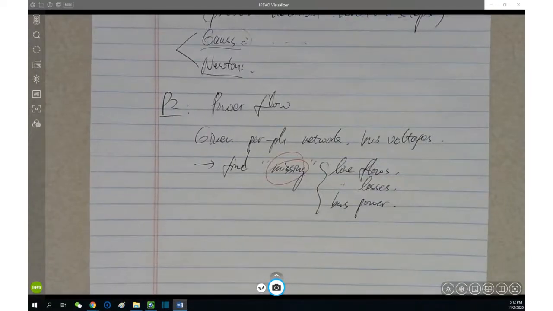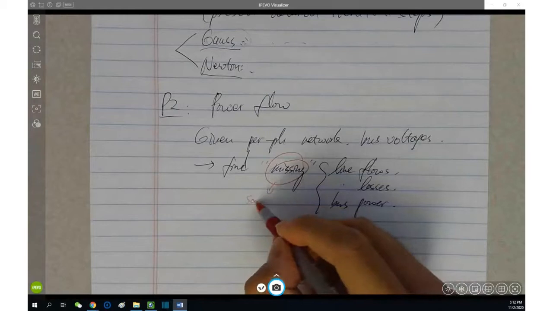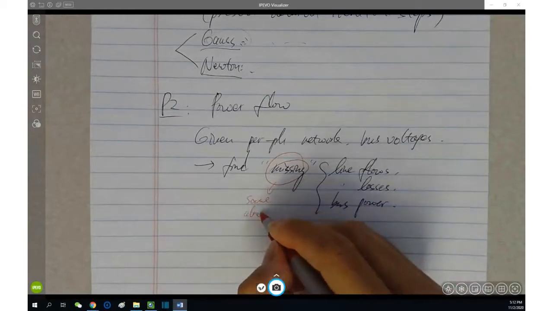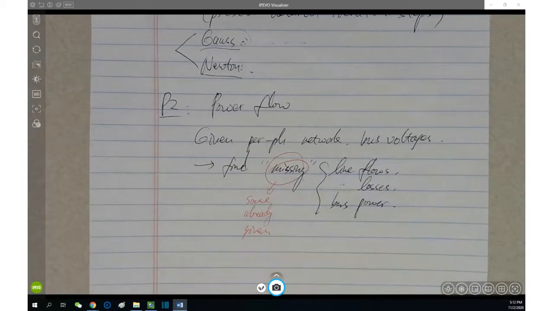Either today or maybe next lecture on Wednesday, I will review the quiz, from which you can tell what is meant by missing ones, because some of the power is already given. You're not spending your precious time on finding those. That's absolutely wasting time.